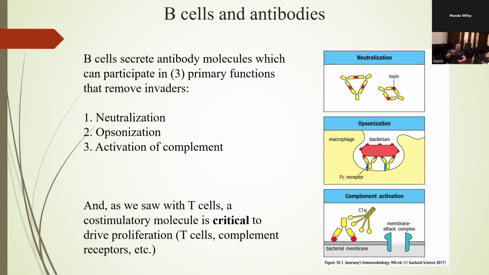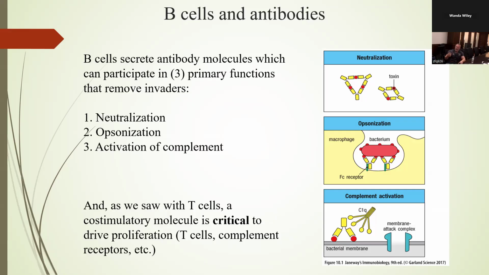If we can poke holes in the cells of bacteria floating around in our body, water from outside the cell is going to rush into the cell through diffusion, moving from high concentration to low concentration. Water will rush into the bacteria and the bacteria pops like a balloon. So this is done through the process of complement. But these three mechanisms, neutralization, opsonization, and complement, are all mediated by the production of antibodies.